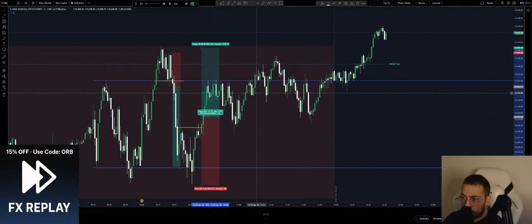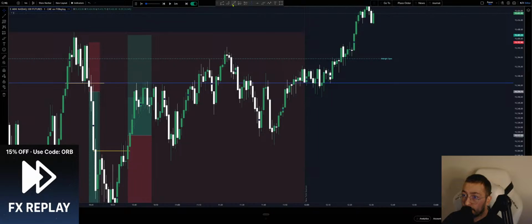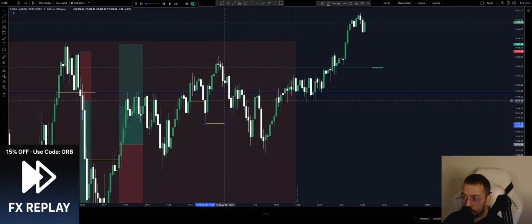Let's see. Price retested the ORB here. We did invert here, but the price did not break that low. It invalidates our stop order. If the price hits the stop without invalidating your stop order, that's where you cancel the order.